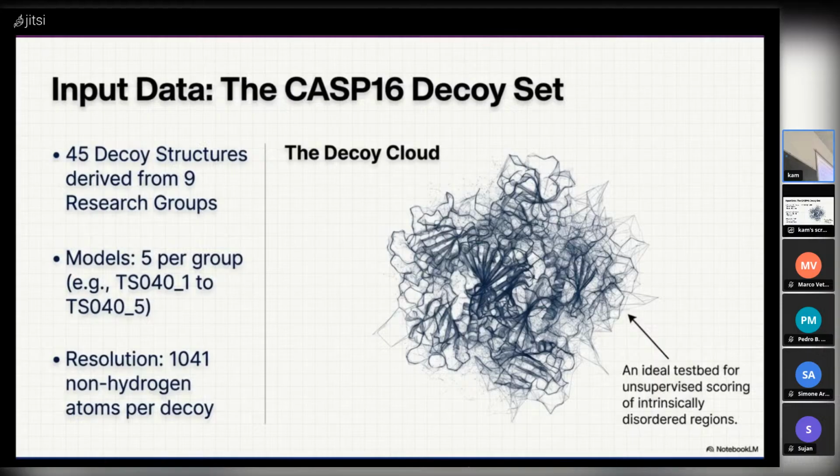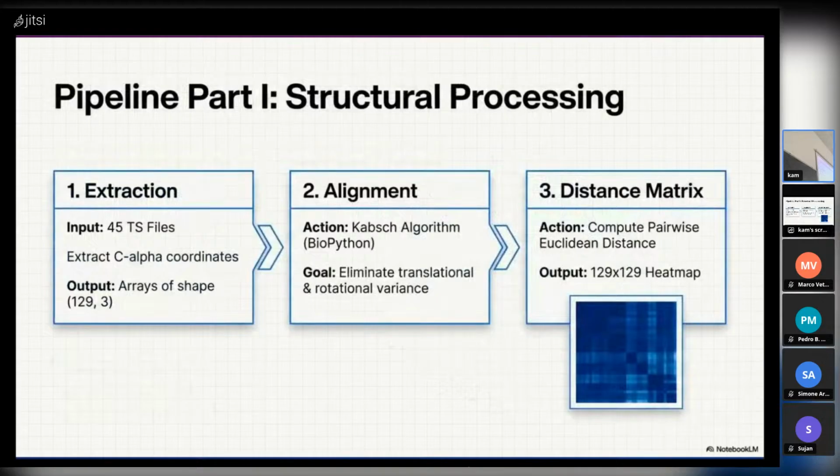Just to give you some impression of the real data, you have 1,041 atoms per decoy, and that's something I'm doing, very primary, just to give you an impression of what the real data is.